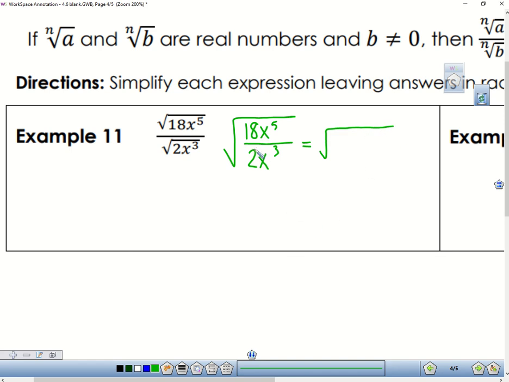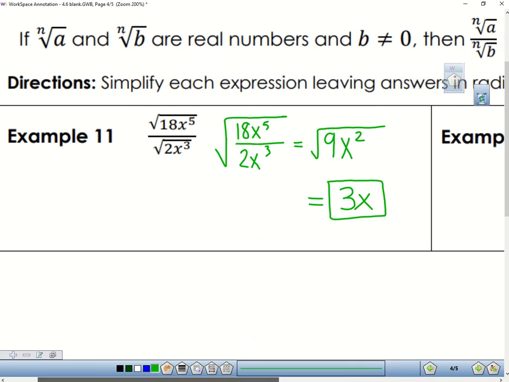So what is 18 divided by 2? 9. And when you multiply variables with different exponents, you add them. So what do you think you do when you divide them? Subtract. So what's 5 minus 3? 2. So this simplifies to 3x because the square root of x squared is x. So any questions about this one?